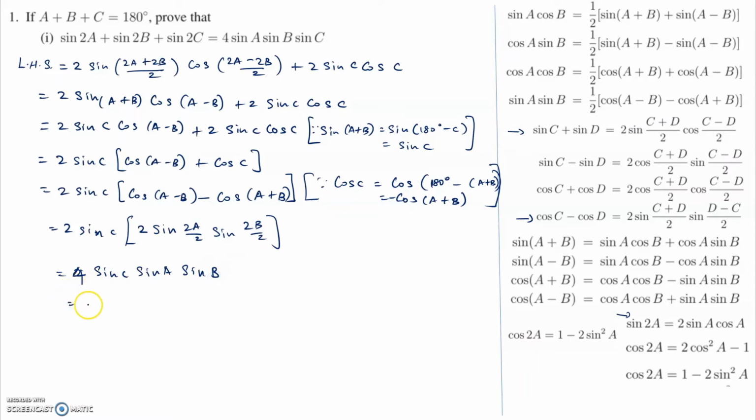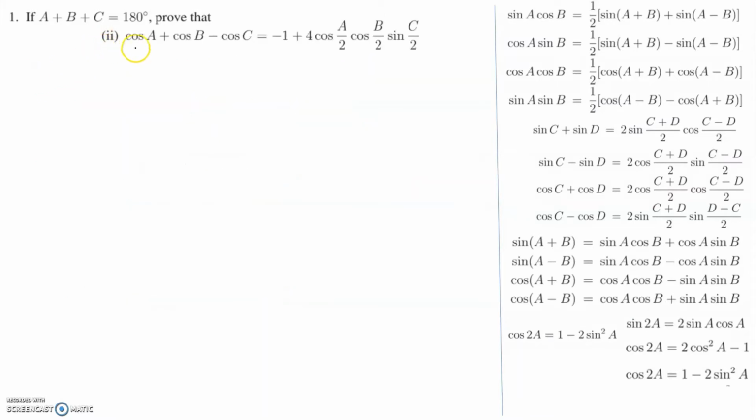You can rearrange this as 4 times sine a sine b sine c, which is equal to our RHS. Hence the proof.